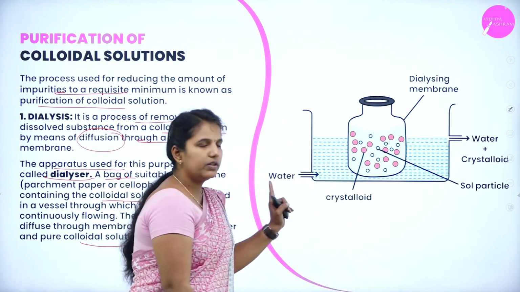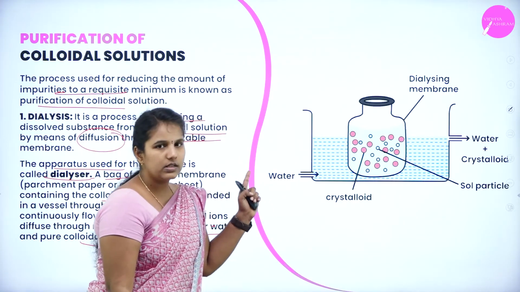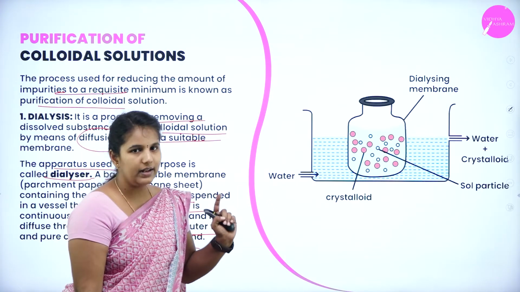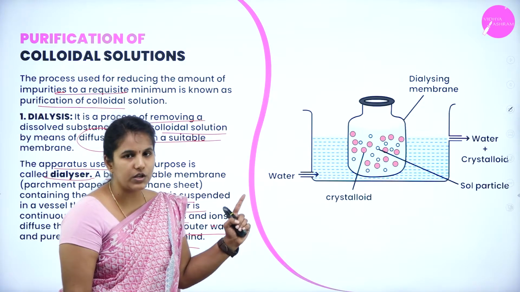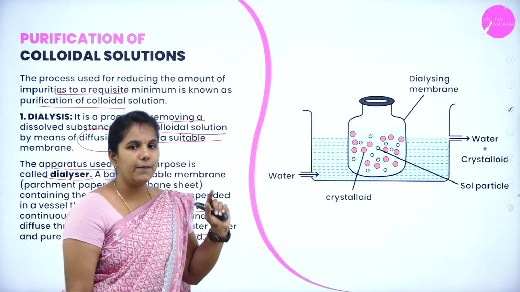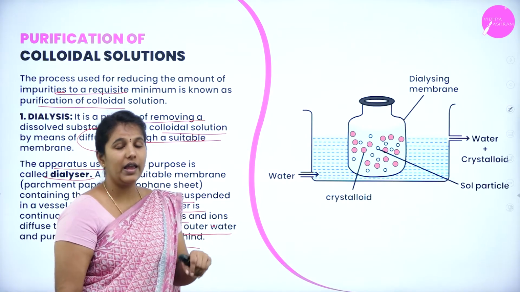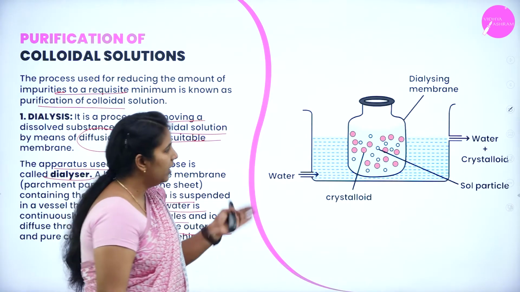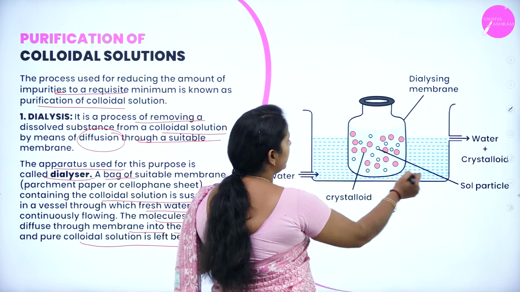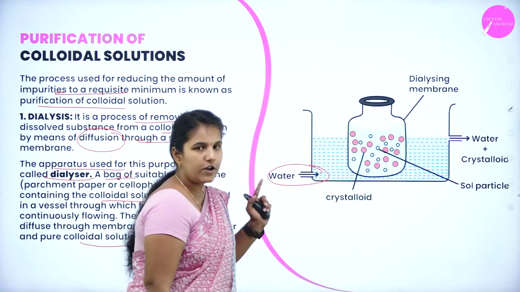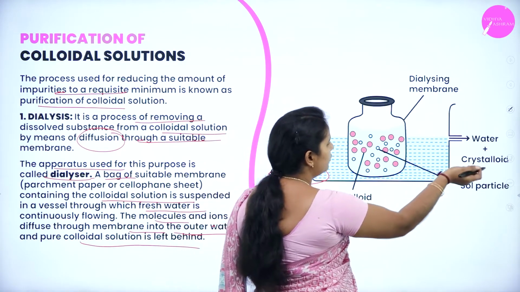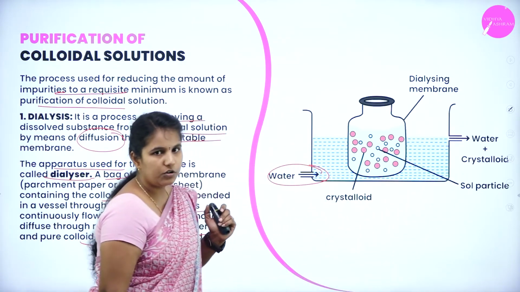I can explain with this dialyzer. This entire apparatus is known as a dialyzer, because it is used for the purification of the colloidal solution using a process called diffusion, hence it is named dialyzer. You can see that it consists of a larger container, and there is an inlet for fresh water, and an outlet for the remaining water to come out.